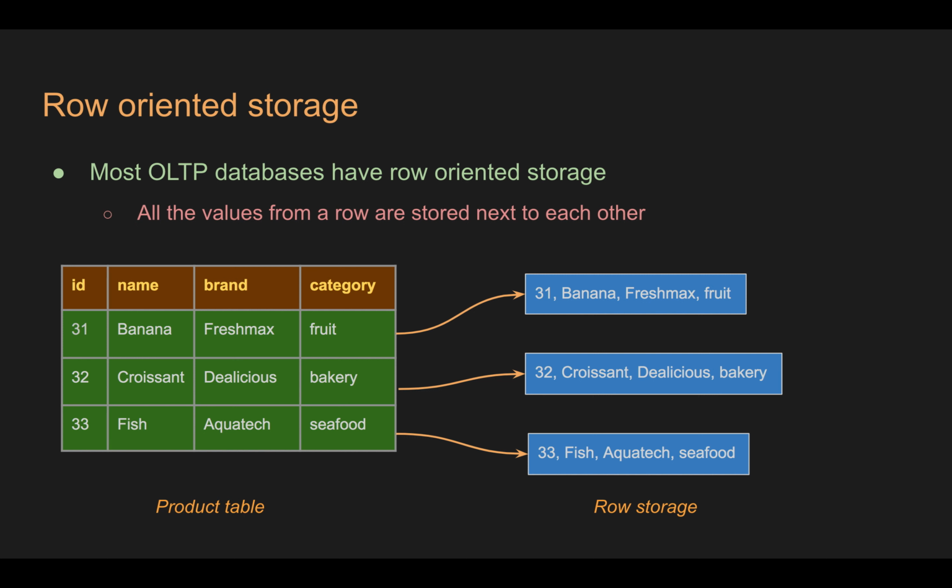That means all the values from one row of a table are stored next to each other. For this product table on the left, in a row oriented storage, all the values from a row, for example 31, banana, fresh max and fruit, are stored in one file. Similarly, all the values in the second row will be stored in a different file, and the third row in yet another file.